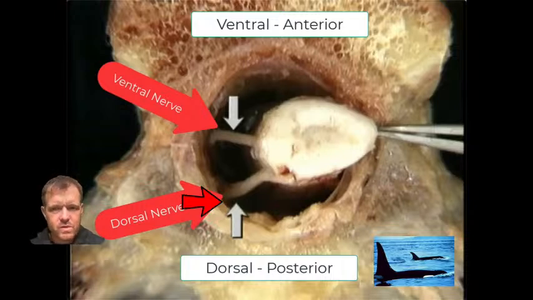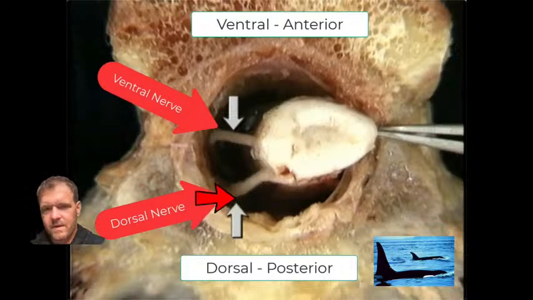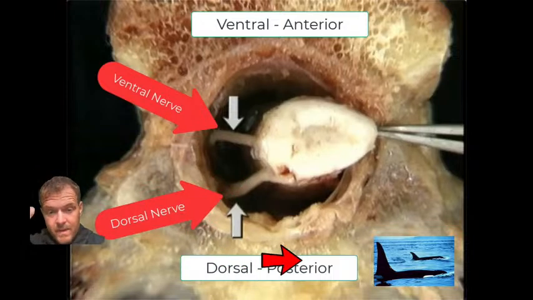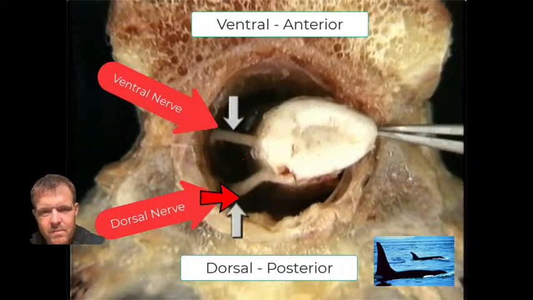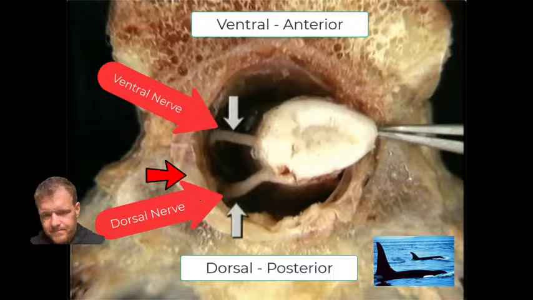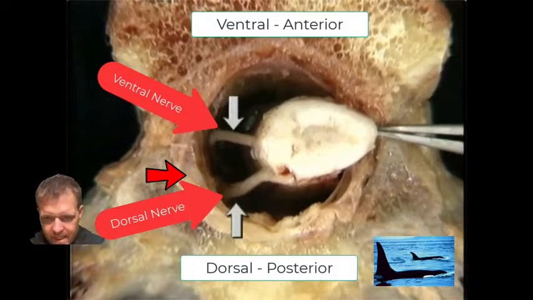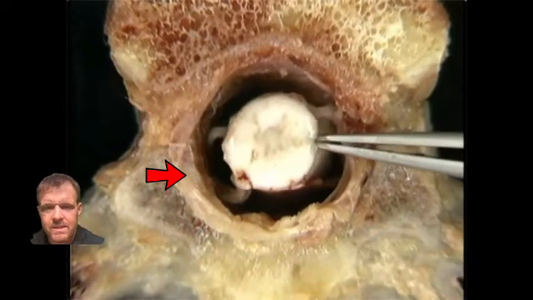So we've got the dorsum of the foot, and we've also got the dorsal nerve, or a dorsal section of the nerve, if you like. So dorsal is posterior, ventral is anterior, and you can see where these nerve roots come off the spinal cord, and then they'll merge together as they exit through the intervertebral foramen. But again, we'll talk about that in a bit more detail later.